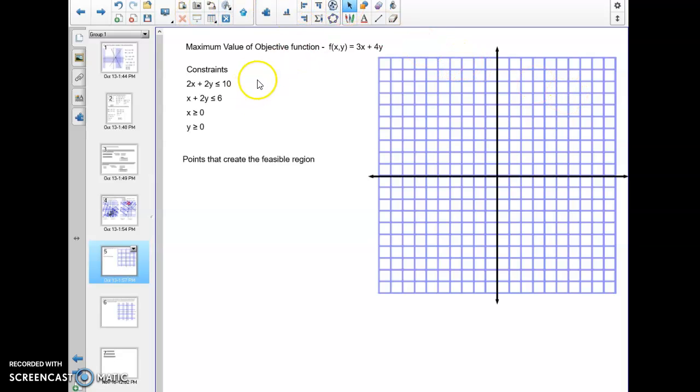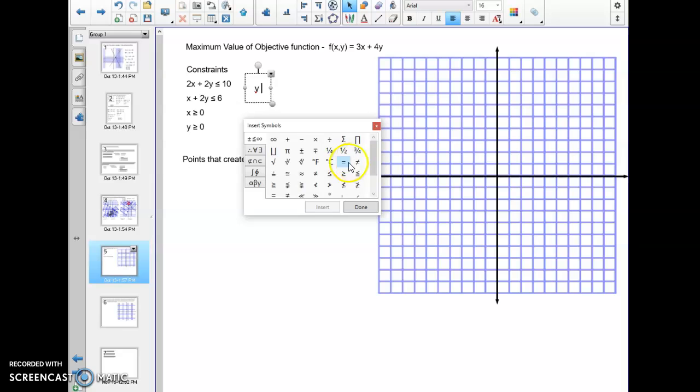Now I need to solve these two for y so I can graph the lines. So y is less than or equal to, which means a solid line, 2y is less than or equal to negative 2x plus 10. And then y is less than or equal to negative x plus 5.